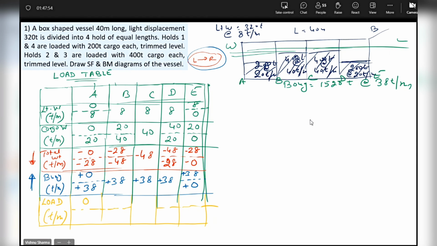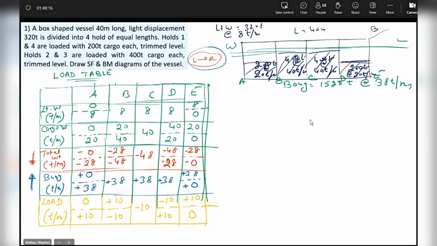Plus 38 minus 28 gives you plus 10. Plus 38 minus 28 gives you plus 10. Plus 38 minus 48 gives you minus 10. You get minus 10 here, you get plus 10 here, you get plus 10 here, you get 0 here.